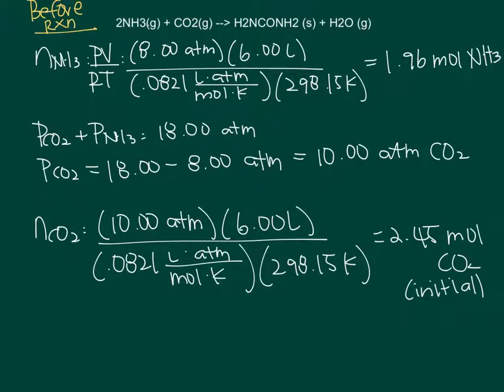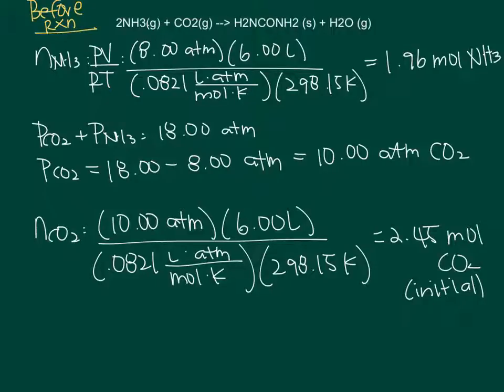Before the reaction takes place, we want to figure out how many moles of each reactant are present. The moles of NH3 we can find using the partial pressure of ammonia, the volume it was contained in, and over the R constant as well as the temperature, which was 25 degrees.